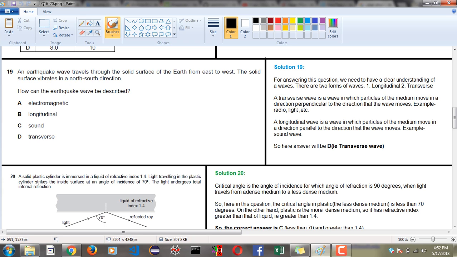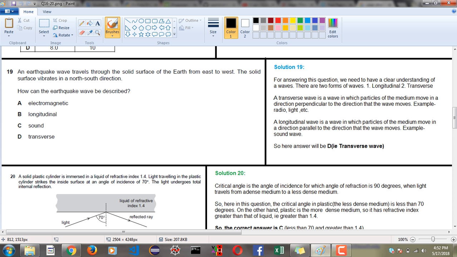On the other hand, a transverse wave is a wave in which the particles of the medium travel in a direction perpendicular to the direction of the wave, and examples can be radio and light. Examples of longitudinal wave can be sound wave.